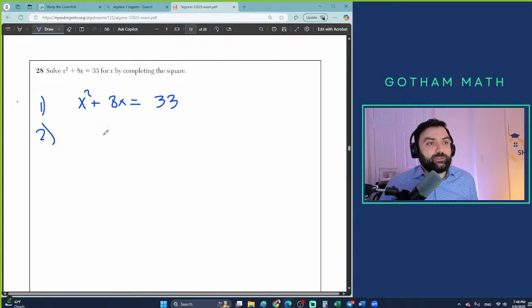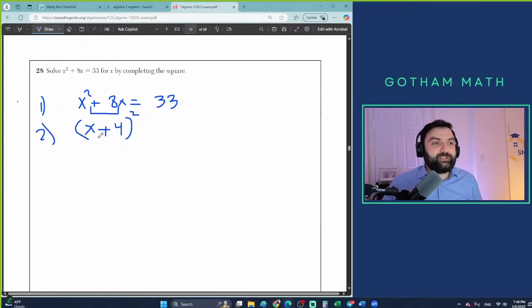Step 2, and here I have a shortcut for you guys: you can just create parentheses squared, and inside those parentheses you put x plus half of the b value, always.